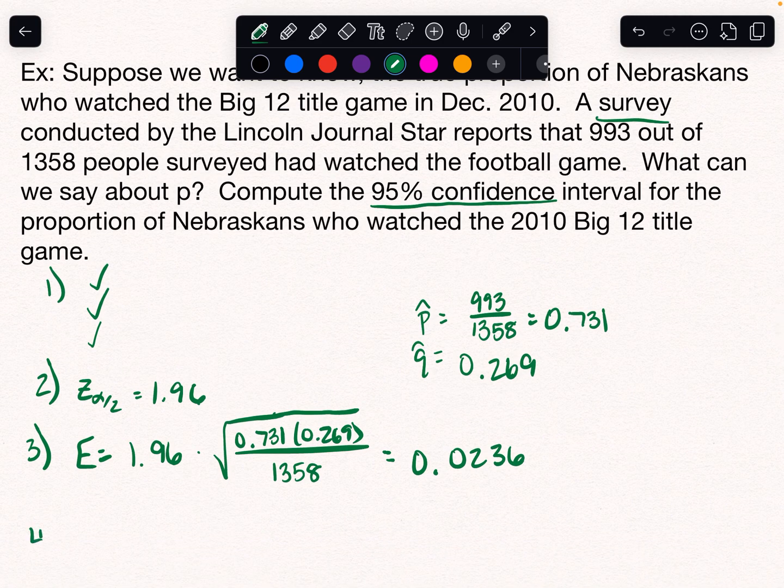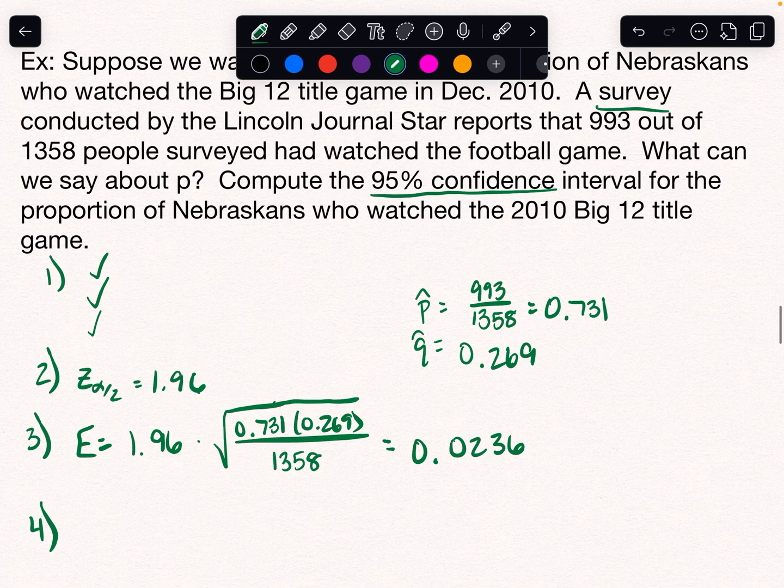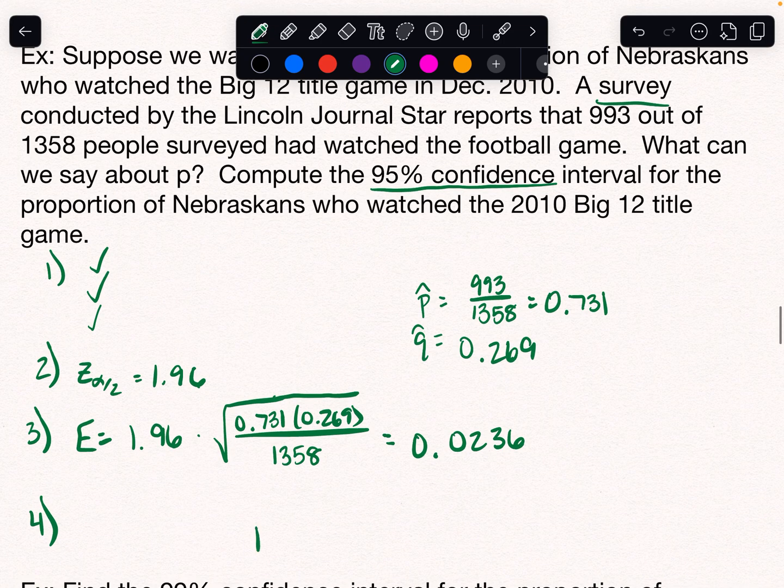Okay, step 4, I want to actually construct my confidence interval. So I have to add our margin of error to our sample proportion. So the 0.731 plus 0.0236 and the 0.731 minus 0.0236.